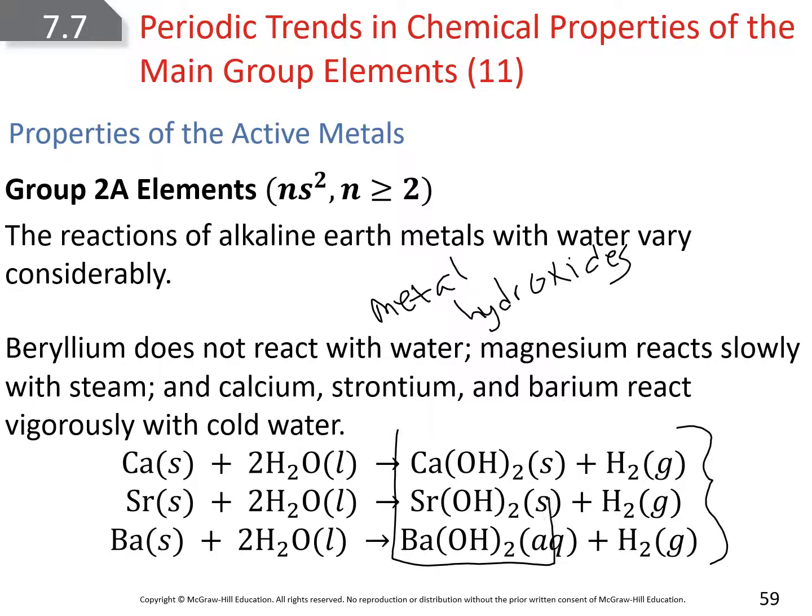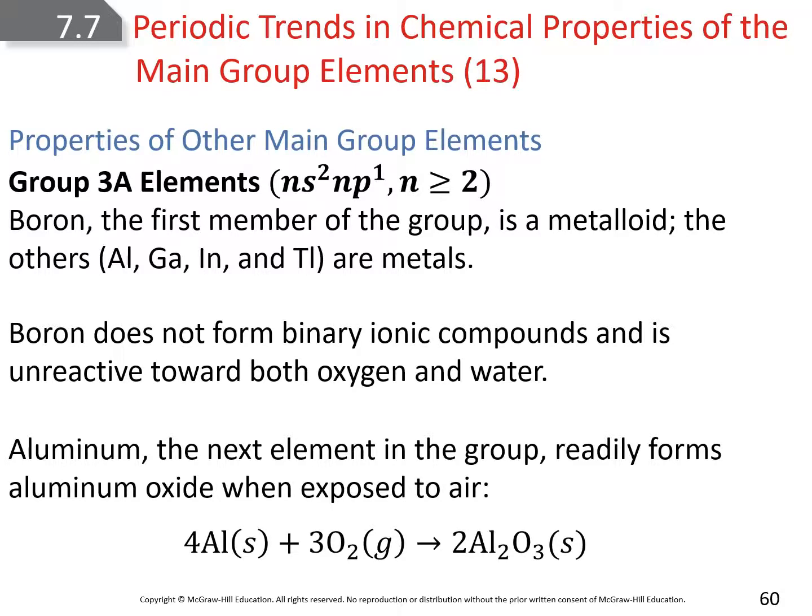These are the metal hydroxides. I know it's metal hydroxides because I'm really starting to become familiar with the polyatomics, and hydroxide is one of those polyatomics. And hydrogen gas. Group 3 or 13 elements in the presence of oxygen will also form metal oxides.